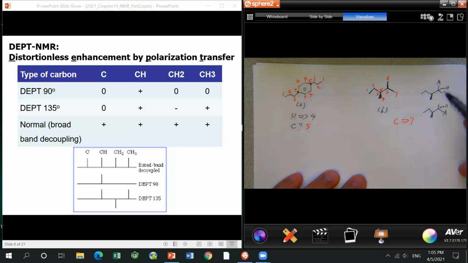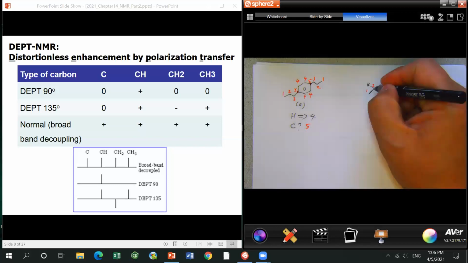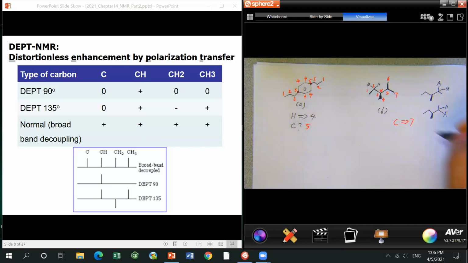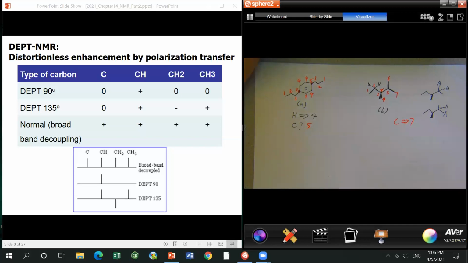And then these two methyl groups will be diastereotopic. They will have a different chemical environment and also different chemical shifts. Please keep that in mind. It's very similar to the CH2: if these two hydrogens have different chemical shifts, it's because of the chiral center. All right, good.